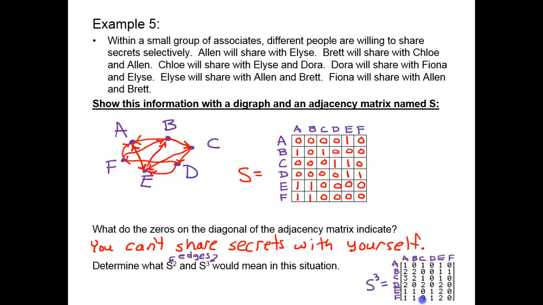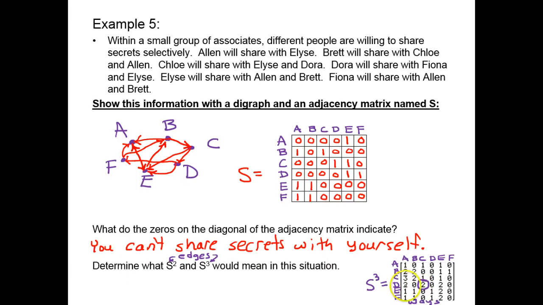Now the numbers in the actual matrix mean the number of ways for something to happen. So let's pick out one example and talk about it. Look at this 2 right here. Let's talk about what this 2 means in this situation.